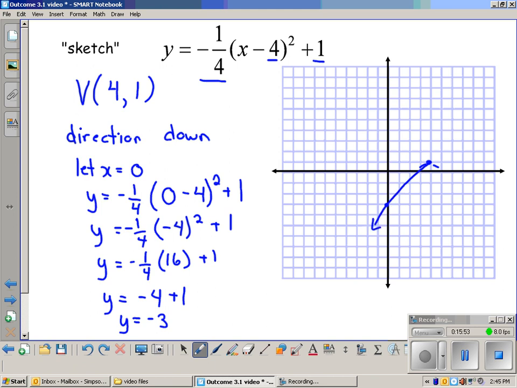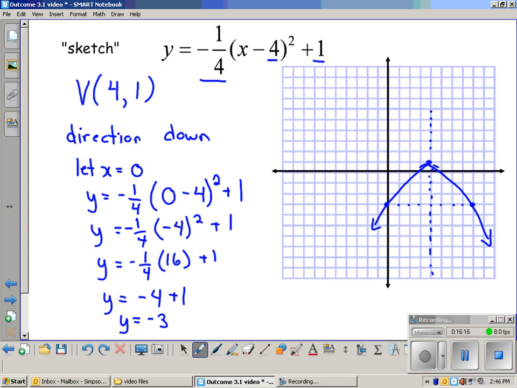Again, we could find that similar point by looking at our axis of symmetry. From our axis of symmetry to the point that we just found is 4 units. Therefore, 4 units in the other direction will give us a similar point in order to make our graph a little more accurate.